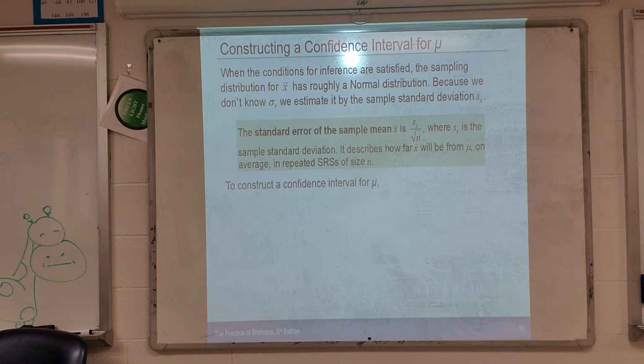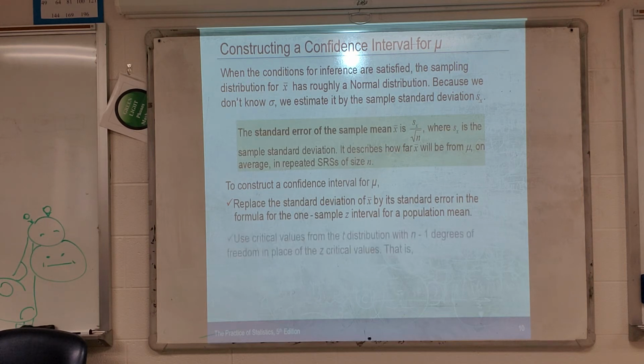To construct a confidence interval for mu, replace the standard deviation of X bar by its standard error in the formula for a one sample Z interval for the population mean, and use the critical value from a t-distribution with n-1 degrees of freedom. So we replaced Z star with T star. We replaced that square root that we had before with S of X divided by the square root of n.